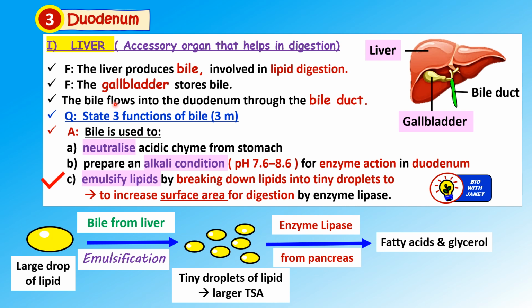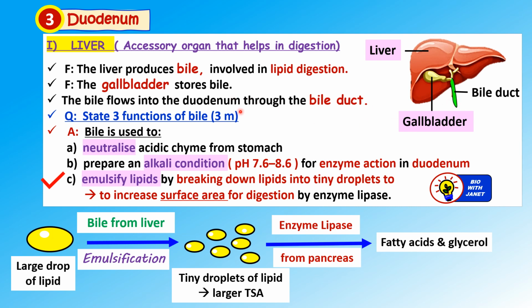Now the liver produces bile, which is a greenish fluid that is involved in lipid digestion. Whereas the gallbladder here, under this part of the liver, stores the bile. And then the bile flows into the duodenum through the bile duct here. So the bile duct is connected to the duodenum.